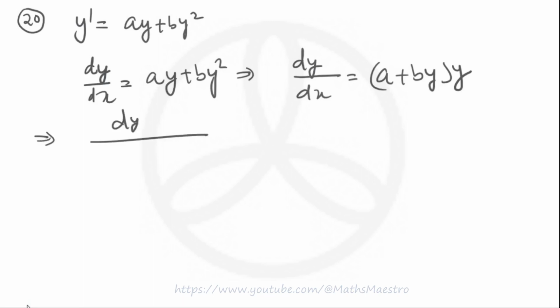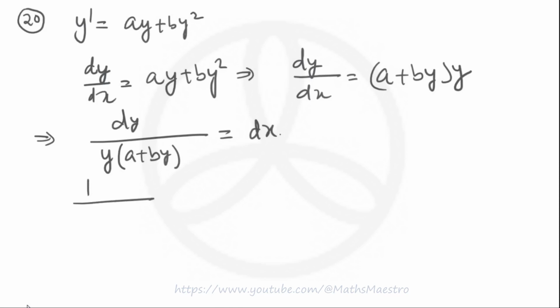I will bring the entire expression of y on the left hand side in the denominator and write dx. Now we can use partial fraction decomposition in order to separate this.